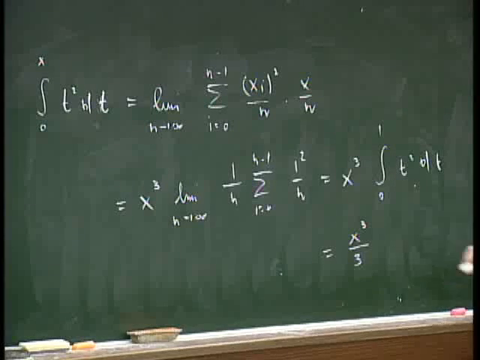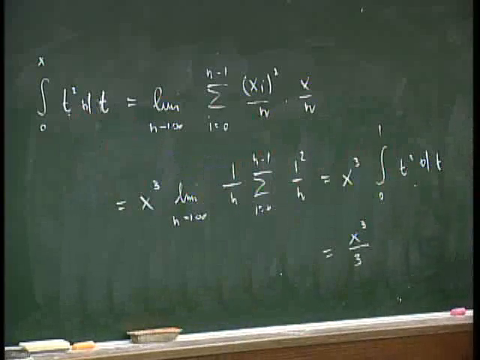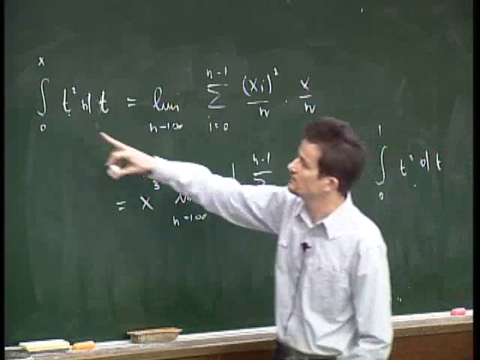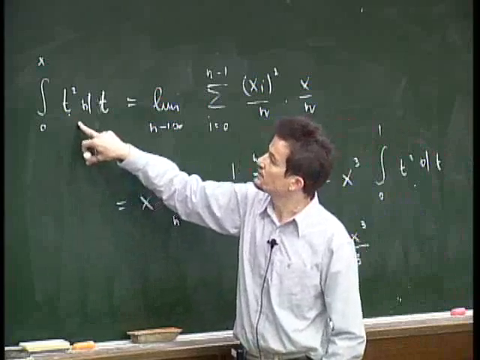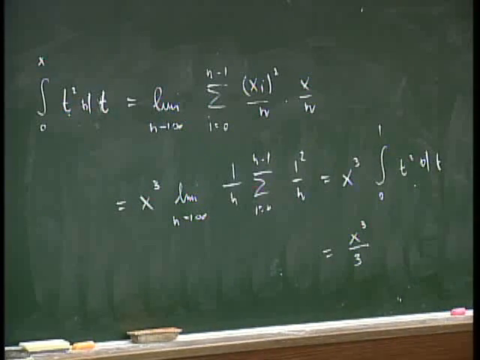Now, indeed, the derivative of this function is this function. So it looks like, and this should be clear from the physical context, that whenever you compute the integral of a continuous function and the upper limit is a variable, what you get is an antiderivative.